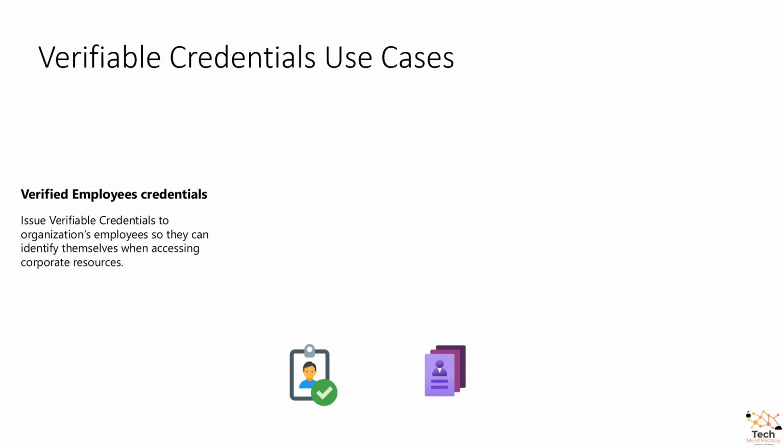There are different use cases where verifiable credentials can be used, like for instance, verified employee credentials. So we can issue verifiable credentials to an organization's employees so they can identify themselves when accessing corporate resources. On the other side, we can also use verifiable credentials in B2C scenarios, I would call it like this. In this case, we can include a certificate about the physician that issued the prescription during the purchase.